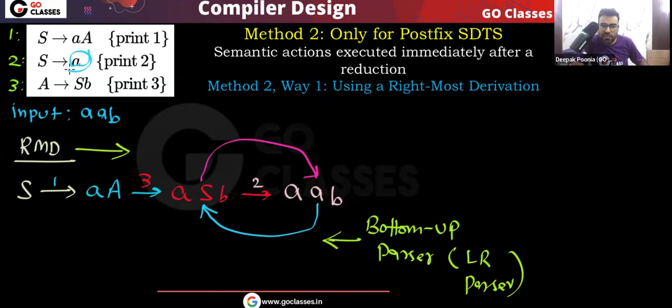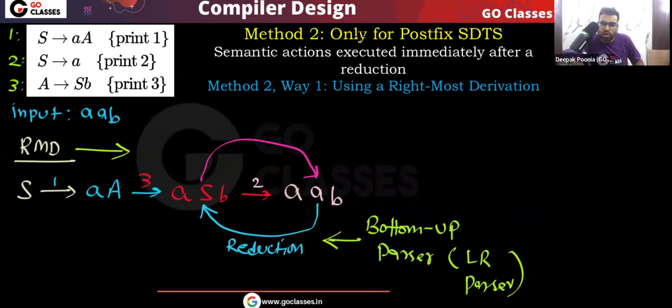When you apply a production in the reverse order, that is called reduction. So this is the first reduction from the bottom-up parser's point of view.